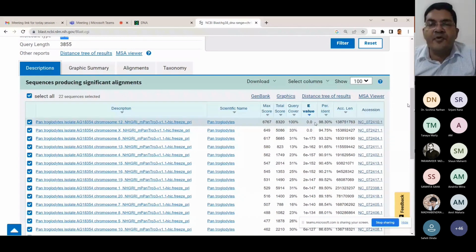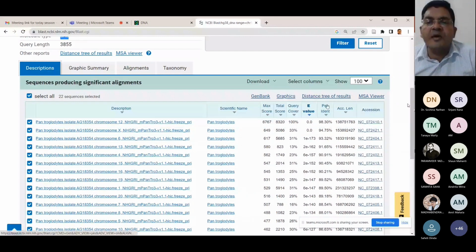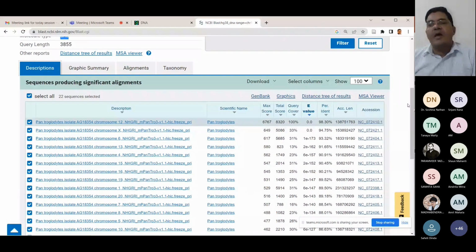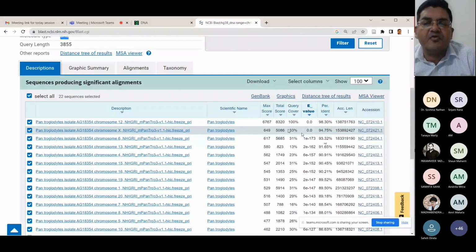Then percent identity is basically how many times A matches to A in the alignment, T matches to T, G matches to G, and C matches to C. And you can see there is high percent identity, 98% identity. For others with the smaller query coverage, there is still high percent identity, but that is only to a part of your sequence, which means that this may not be a very significant match, right?